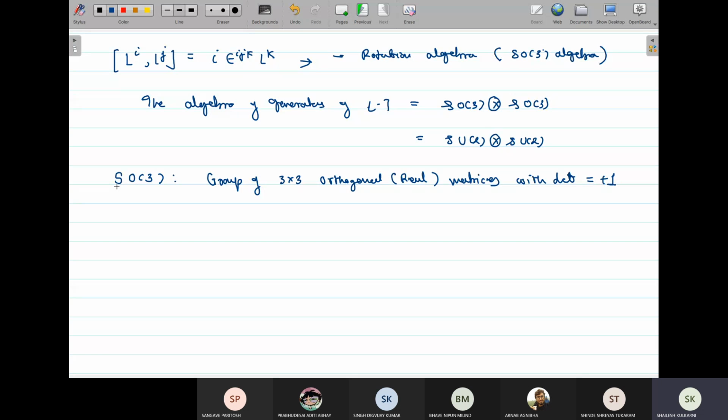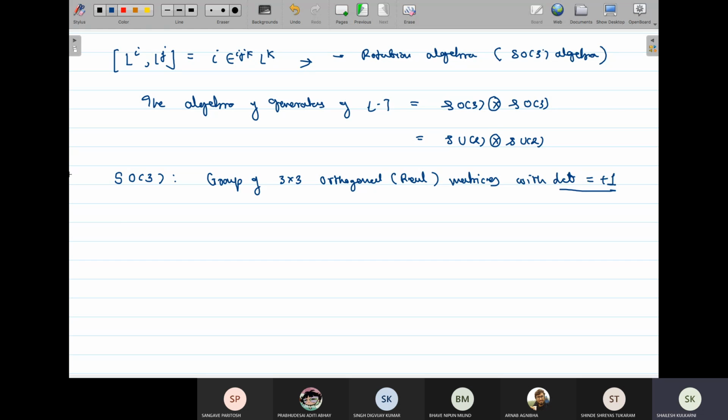S stands for special, meaning determinant equal to +1. O stands for orthogonal, and 3 stands for 3 cross 3. So I have the special orthogonal group in 3 dimensions. It is a group of 3 cross 3 orthogonal matrices with determinant equal to +1.